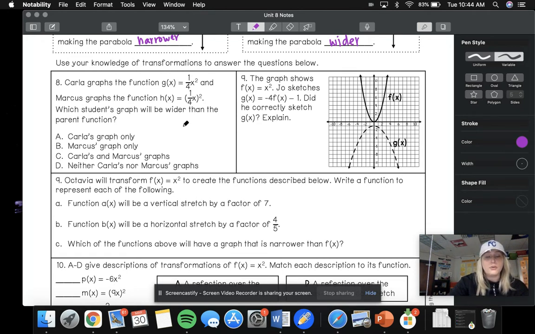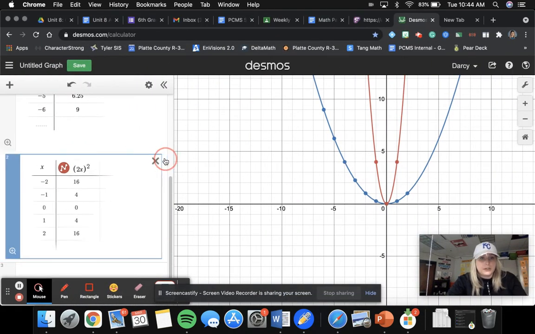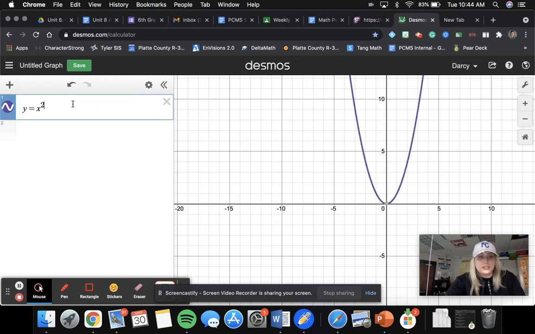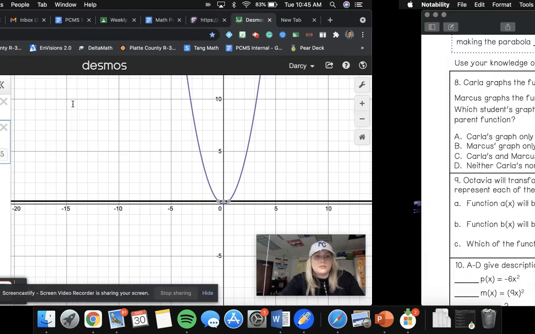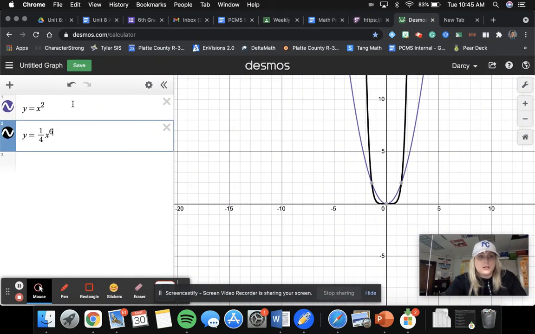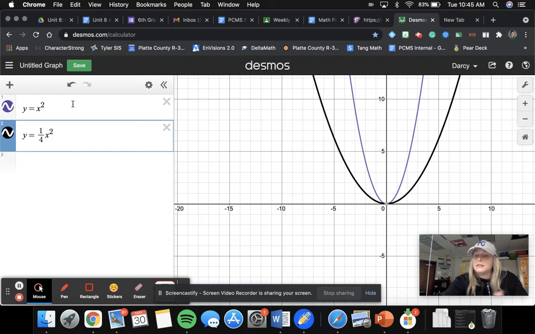Okay, so what I'm going to do is I'm just going to graph it because why not? So I'm going to get rid of all these. Okay, I'm going to first graph the parent function, which is this one. Okay, and I'm going to graph 1/4 x squared. So that one made it narrower.